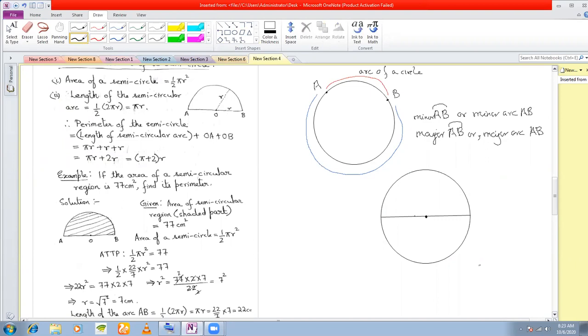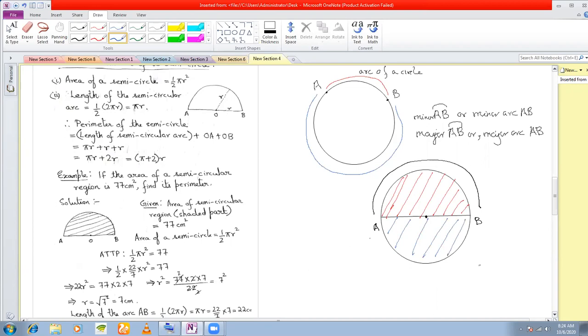Any line passing through the center is called a diameter of a circle. The line segment AB is the diameter of the circle. If I take half the arc, only this part, then this part becomes my semicircle. This is one semicircle, and this is the other semicircle.